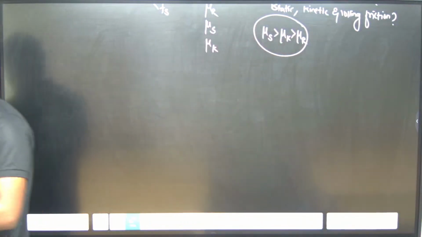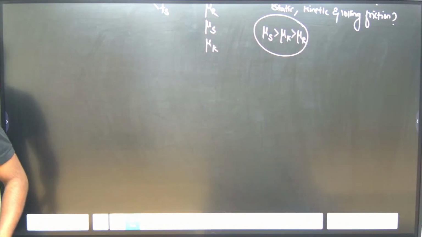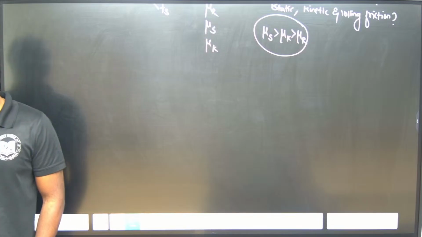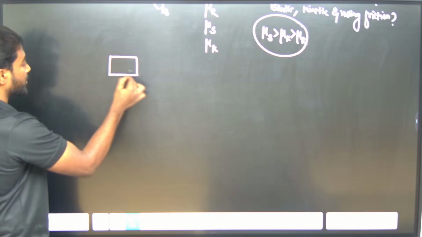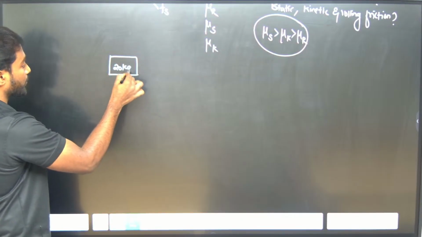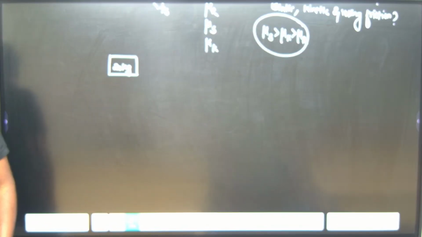So let me read out the question once again. Okay, there is a 20 kg block initially at rest. Then what happens? A 75 Newton force is required to set the block in motion. Okay, fine.